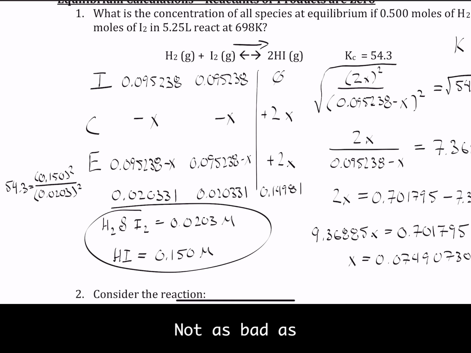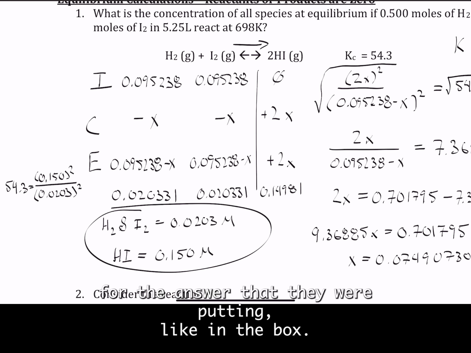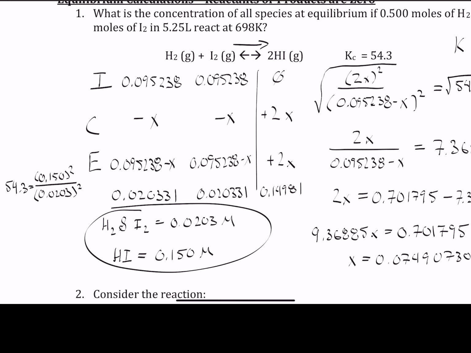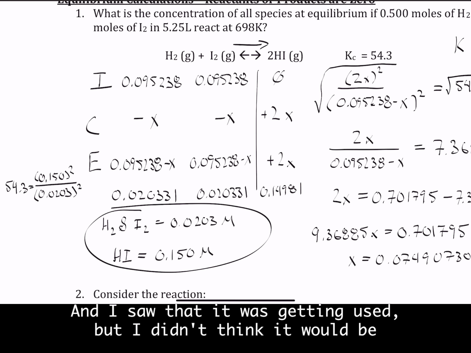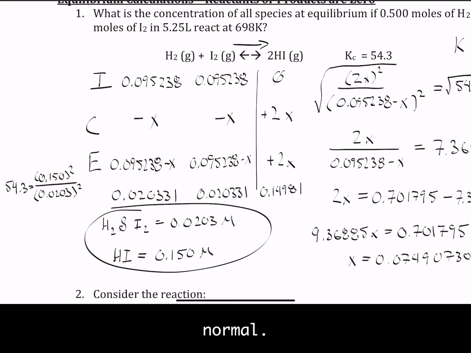Not as bad as the rounding error in experiment 6. That was wild. I was wondering why so many people were off, and then I saw that people were rounding it for the answer that they were putting in the box. Yeah. And I saw that it was getting used, but I didn't think it would make that big of a difference. If you use sig figs, you got a completely different answer. Sig figs are for final answers.